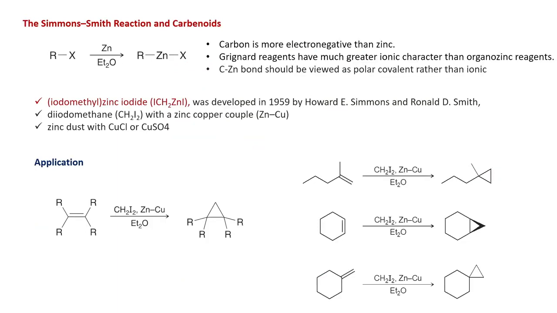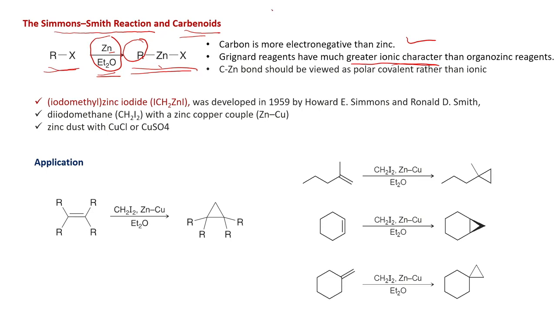Another organometallic compound is based on zinc, and this is by the name of the Simmons-Smith reaction and carbenoids. So it is the same reaction. If you treat your organohalide with zinc in the presence of diethyl ether, you will get a zinc complex. And carbon is more electronegative than zinc, and ionic character is less.